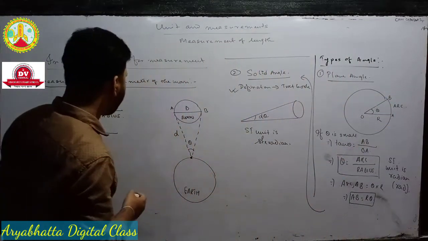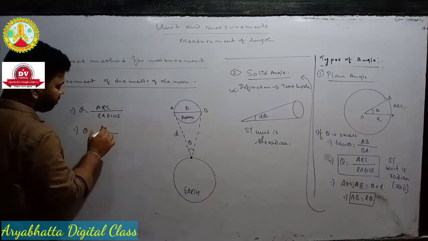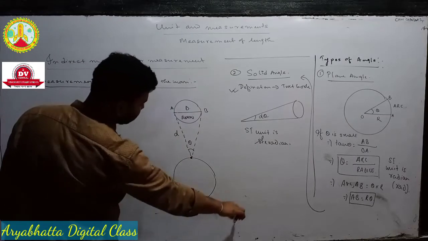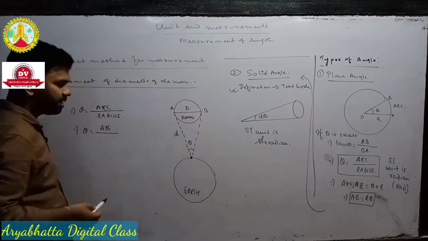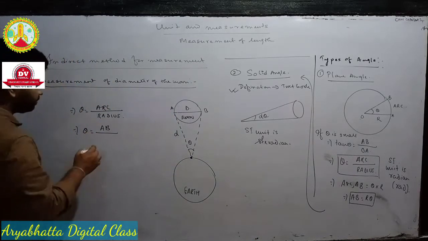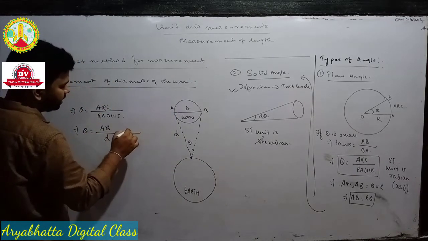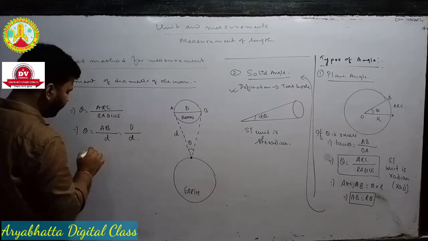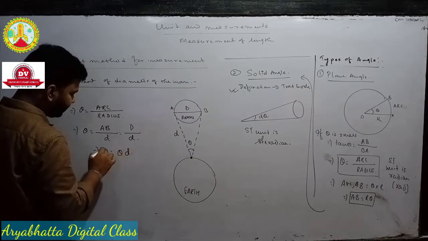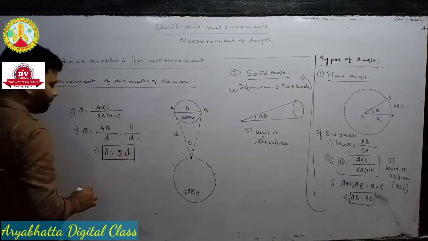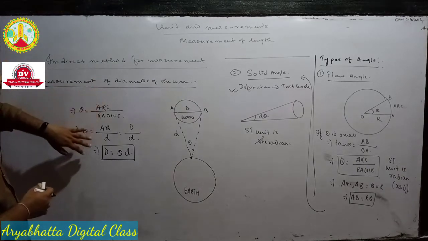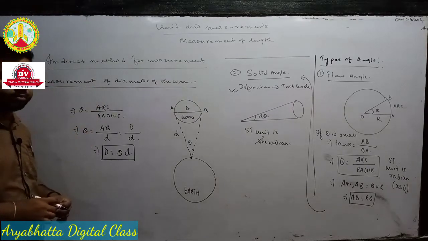So arc will be AB. मतलब मान लो यहाँ पे ऐसा एक सर्कल है, इस बिगर सर्कल का दिस पोर्शन इज द आर्क हियर. So what will be the radius? The radius will be small d. So this is D divided by small d. So capital D will be theta into small d. So in this way we can calculate the diameter of the moon.